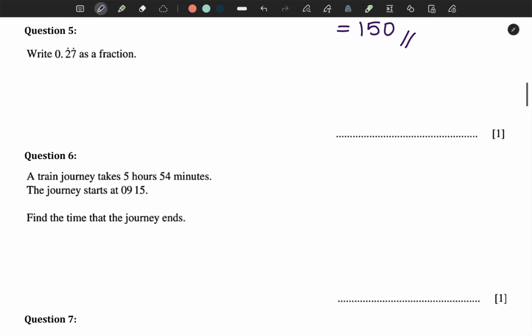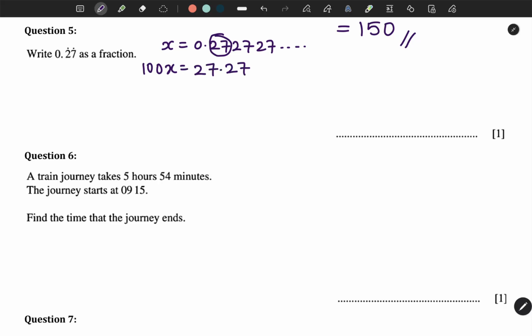Next question. Write the recurring number 0.272727 as a fraction. So let me first assume x to be the given number, and I will write it as a recurring number. Next, because I want this 27 at the integer side, I will multiply this by 100, which gives me 27.272727 and so on.